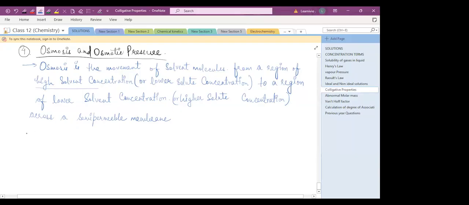Now write down what is osmotic pressure.